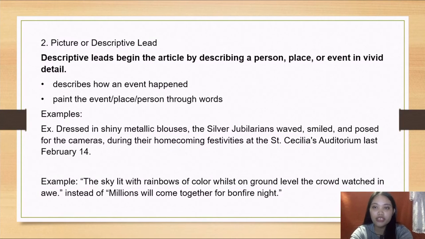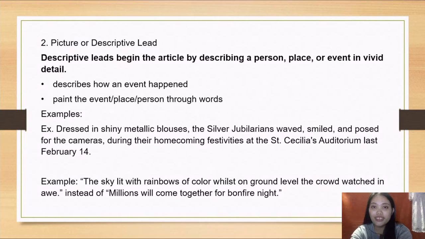picture for the reader. For example: "Dressed in shiny metallic blouses, the silver jubilarians waved, smiled, and posed for the cameras during the homecoming festivities at the St. Cecilia's Auditorium last February 14."